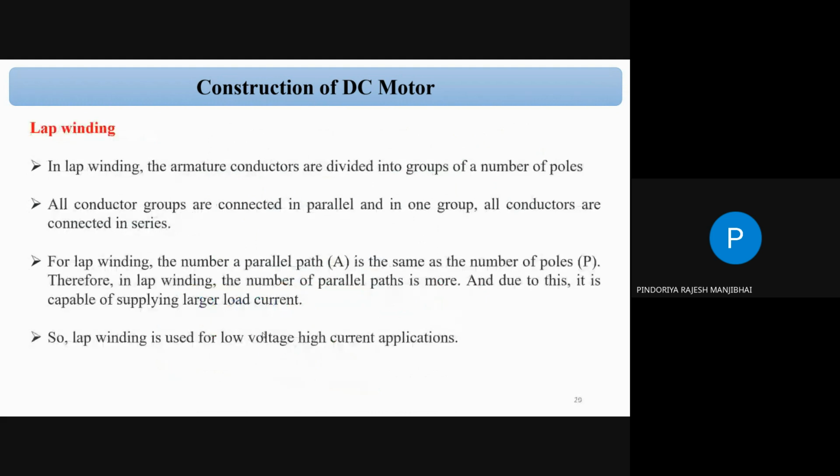In the lap winding, the armature conductors are divided into a number of groups equal to the number of poles. We can say lap winding is nothing but A equal to P. All the conductor groups are connected in parallel, and within one group, all the conductors are connected in series. So sometimes all the conductors are connected in series, sometimes in parallel, depending on the torque requirement.